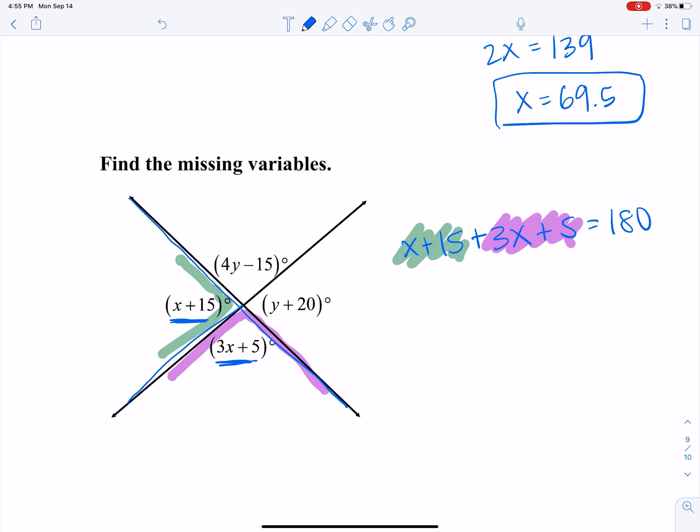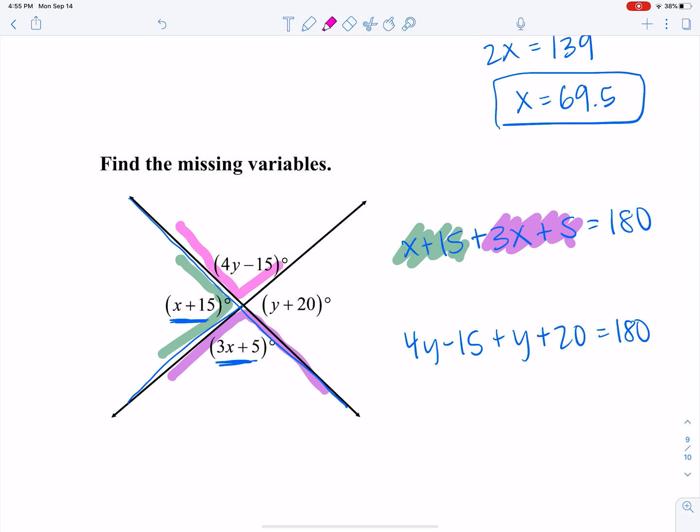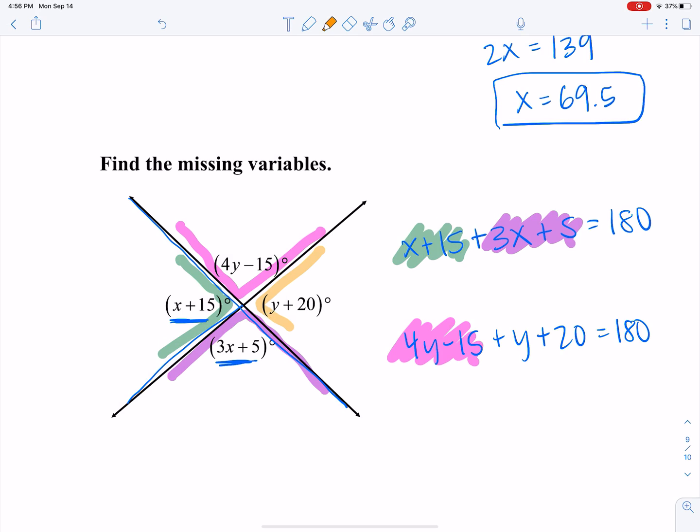And we have another linear pair here. We have 4y minus 15 and y plus 20. Those add up to 180. So you can solve both of those for x and y. And those are your answers.